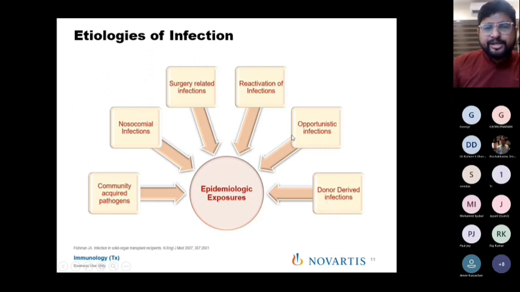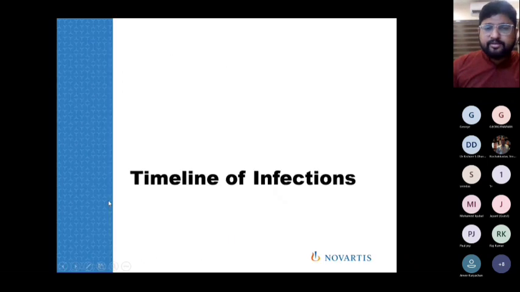So when you look at the etiologies of infection, we are very aware that in the early stage we are dealing with surgical related infections, nosocomial infections, as well as donor related infections. And later we are more related with reactivation, opportunistic, as well as community acquired infections.